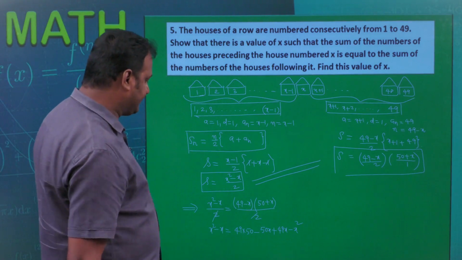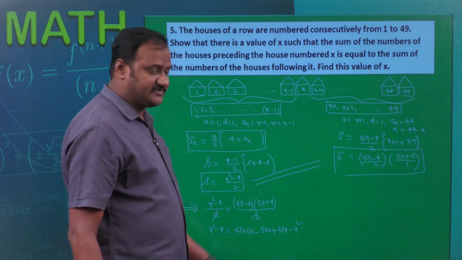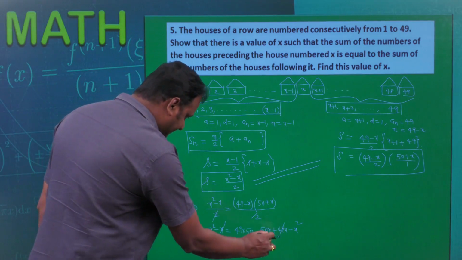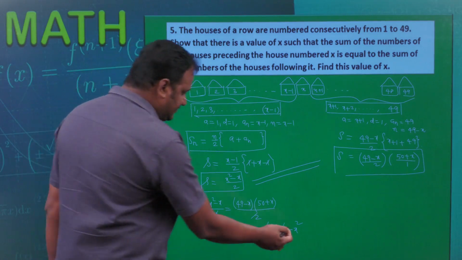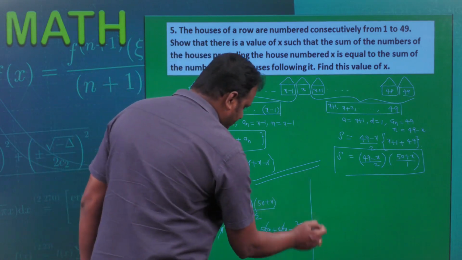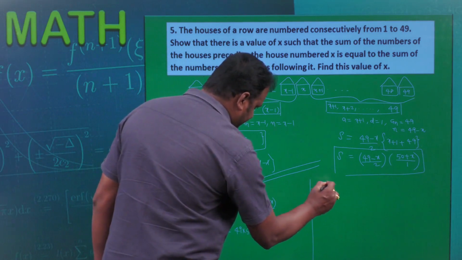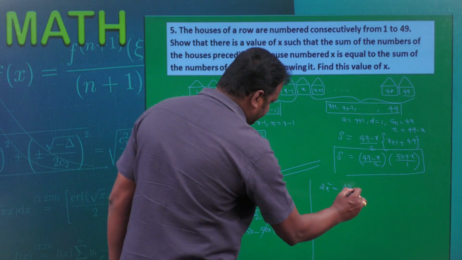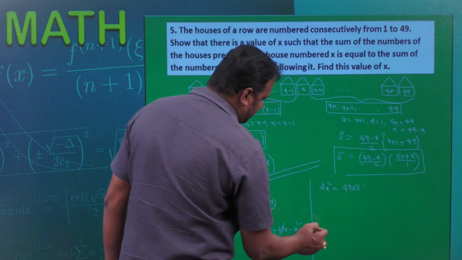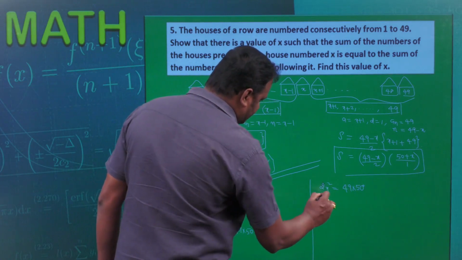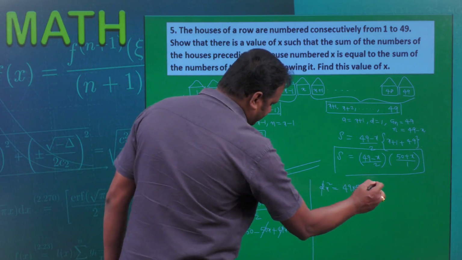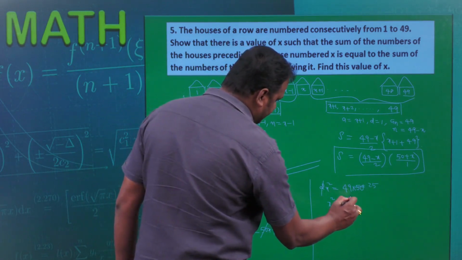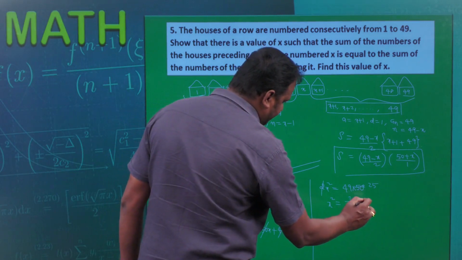Now see, is there any cancellation? Minus 50 plus 49 is equal to minus x. That minus x and this minus x gets cancelled. And then transpose x square this side, then it would be 2x square is equal to, term left here 49 times 50. Correct? So 2 ones, 2 25s are 50. x square is equal to 49 can be written as 7 square, 25 can be written as 5 square.